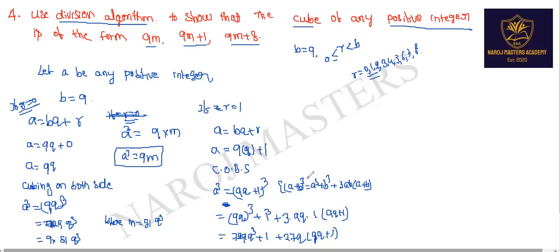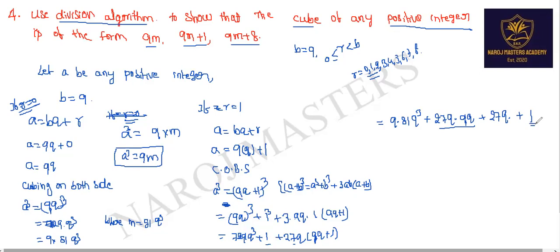Okay. Now from this, again rearrange this one. Can I write 729 is equal to 9 into 81, so 9 into 81 q cube plus 27q into 9q plus 27q plus 1. Okay, I multiplied 27q into 9q here, and 27q into 1 is 27q, and plus 1.